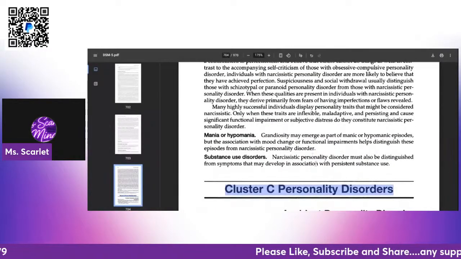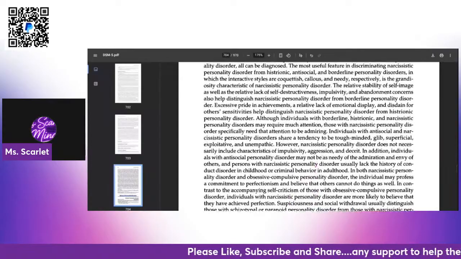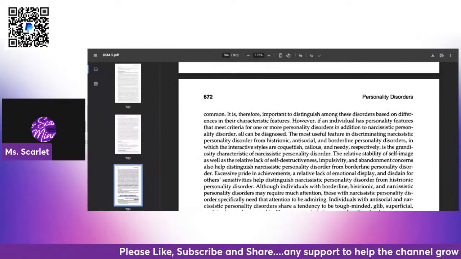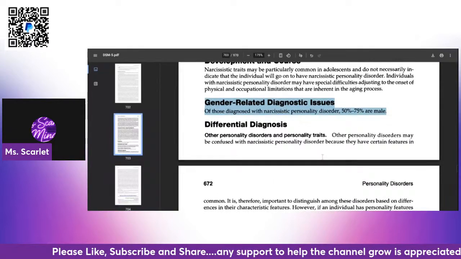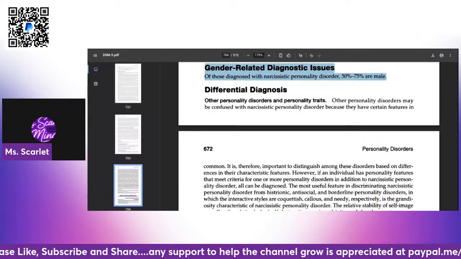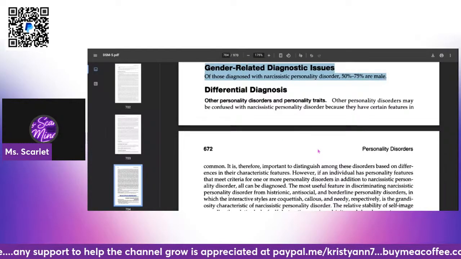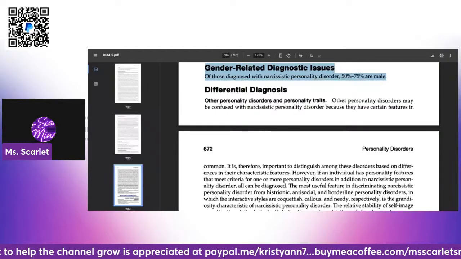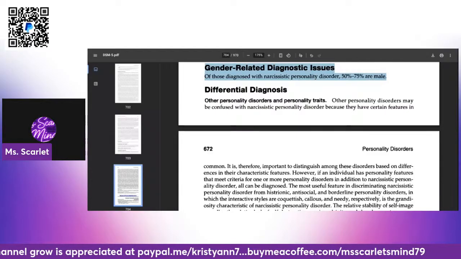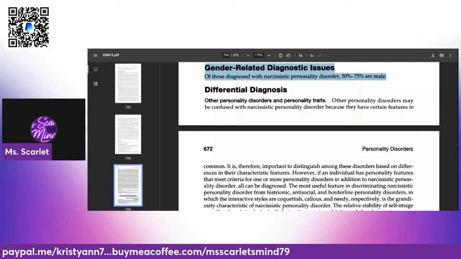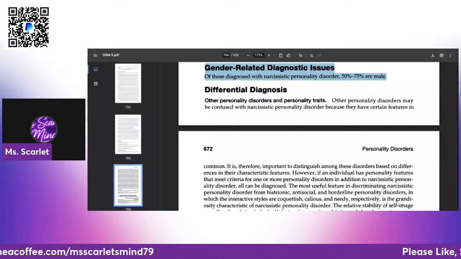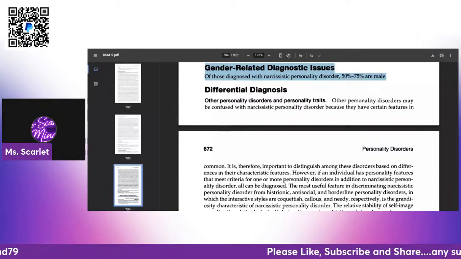I want to see if there's anything else that's important to go over. This is important, and I'm going to read it because it's what I brought this topic up for: the difference between calling someone a narcissist as an adjective, saying they have narcissistic tendencies, or being diagnosed. It says other personality disorders may be confused with narcissistic personality disorder because they have certain features in common.